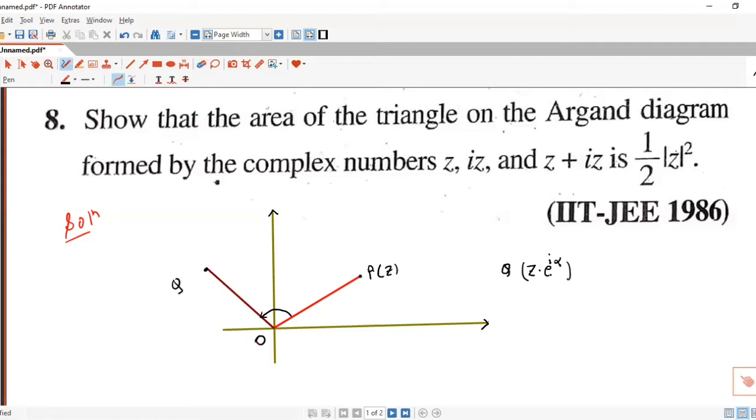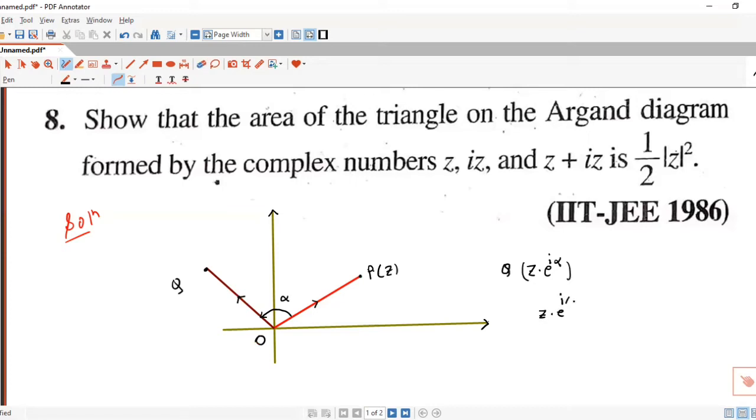If this angle is alpha, we get a point Q after rotation. Our complex number is Z, and when we multiply with e power i alpha, we get the complex number Z into e power i alpha, and here it is represented by the point Q.